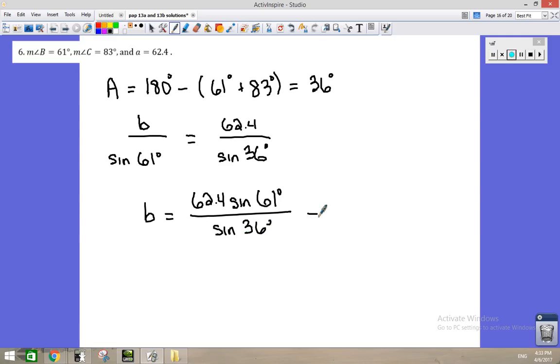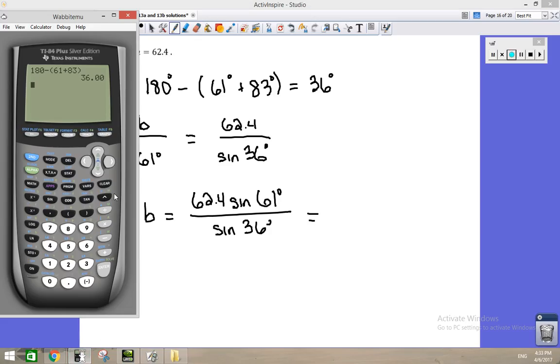As long as we can key this in the calculator without making silly errors, always take the time to check to make sure that you're in degrees. Let the calculator do the rounding for you, 2 decimals.